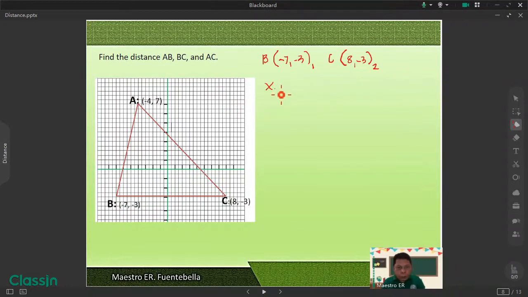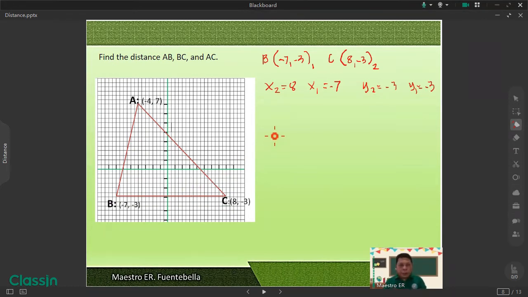So therefore our x sub 2 now is positive 8, x sub 1 is negative 7, while y sub 2 is equal to negative 3, and y sub 1 is also equal to negative 3.